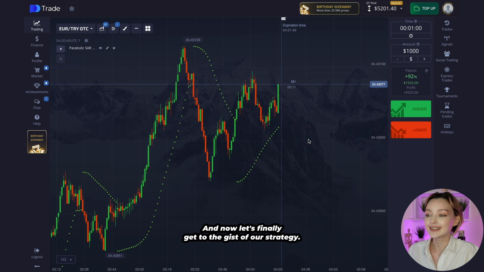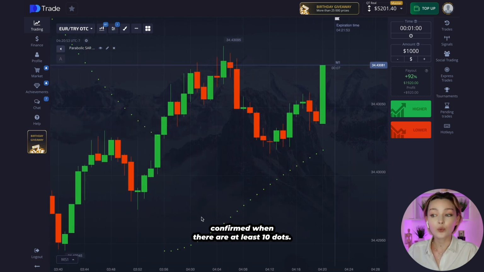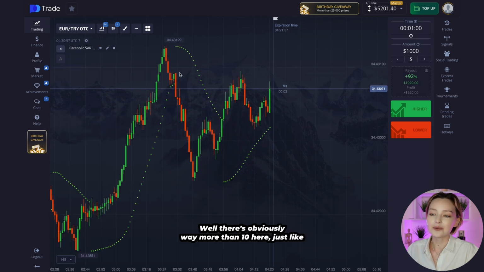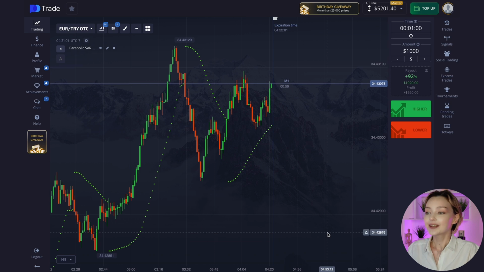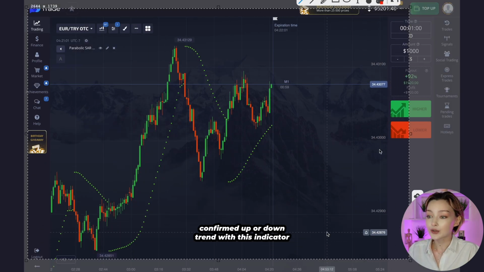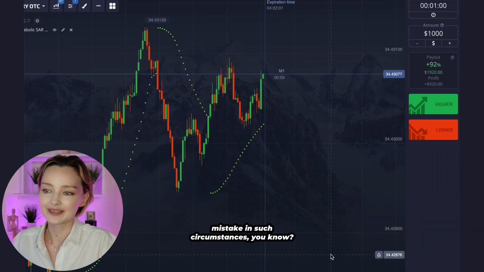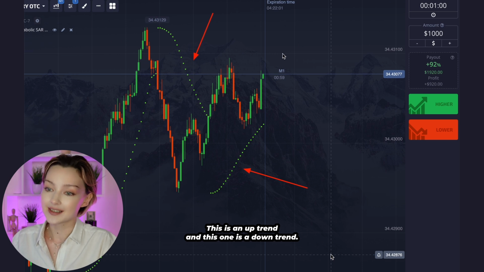And now let's finally get to the gist of our strategy. The trend is considered to be confirmed when there are at least 10 dots. There are obviously way more than 10 here, just like in this case, and here. So the main ground rule is that we recognize a confirmed up or downtrend with this indicator, and I think it's quite hard to make a mistake here: this is an uptrend and this one is a downtrend.